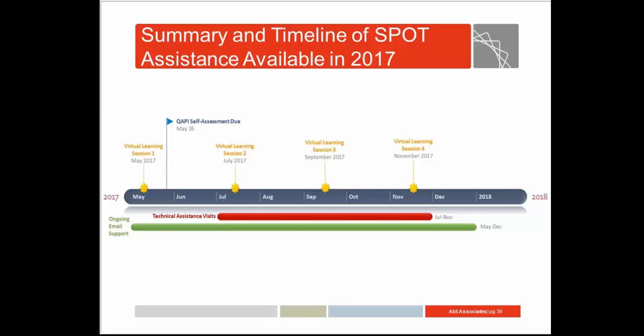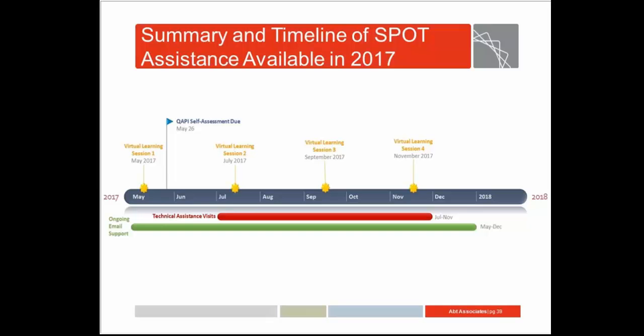Additionally, you will have the opportunity to participate in 4 virtual learning sessions to help staff develop a better understanding of important principles of QAPI, and those will be held in May, July, September, and November of this year. You will also have telephone outreach and technical assistance visits from us between July and November. Lastly, you'll have access to ongoing email support throughout the entirety of the program through December.